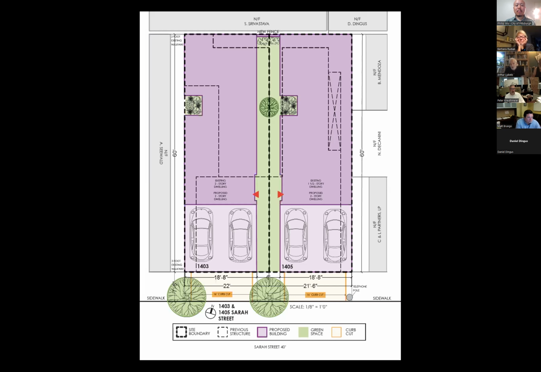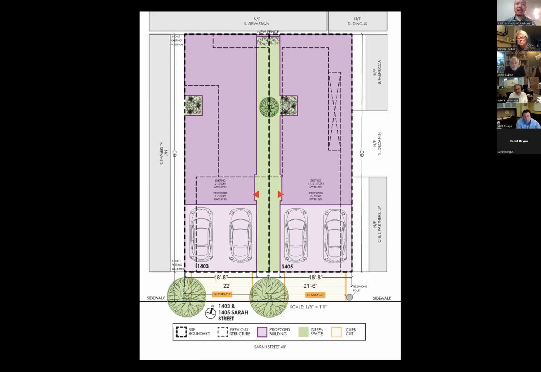We don't need a variance for that. So the only variances we need are the rear setback for 1405 and the side setback for 1405. Or you may need a variance for the rear setback on 1403 as well.